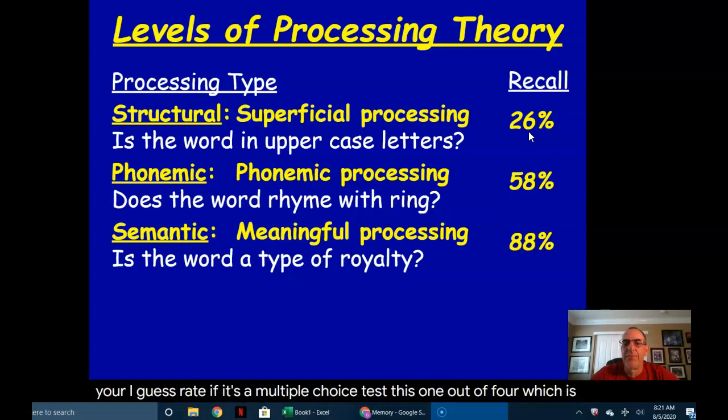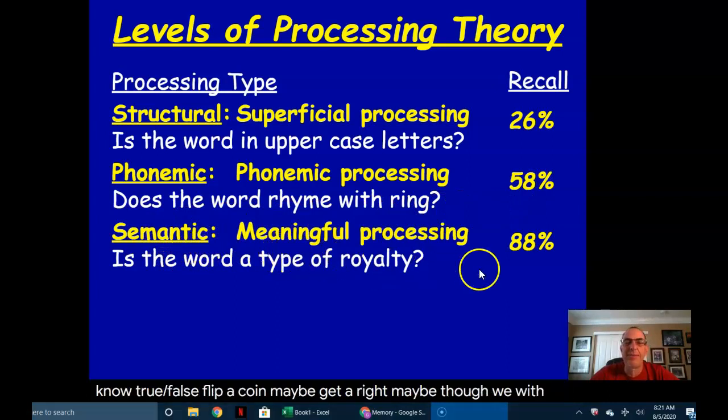That's all it is. Phonemic processing, here what's going to happen is you're going to be a little bit above 50%. So this is true, false, flip a coin, maybe get it right, maybe you don't. But if you actually study it the right way with semantic processing, now it jumps up to 88%. So now you're getting your A.